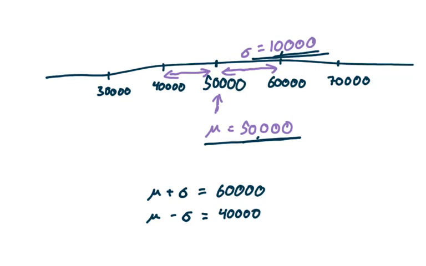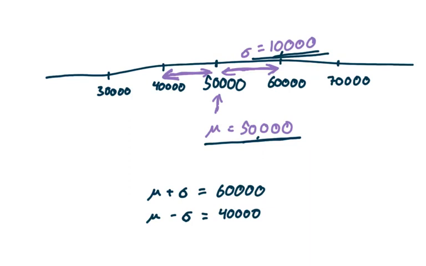Okay. So here, if I say everything in between 40,000 and 60,000, that would be considered to be within 1 standard deviation of the norm, or the average, the mean.